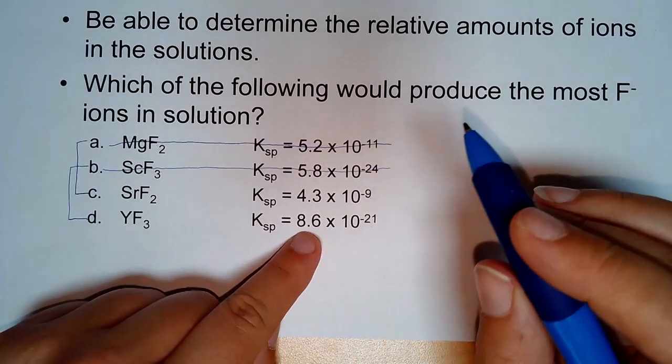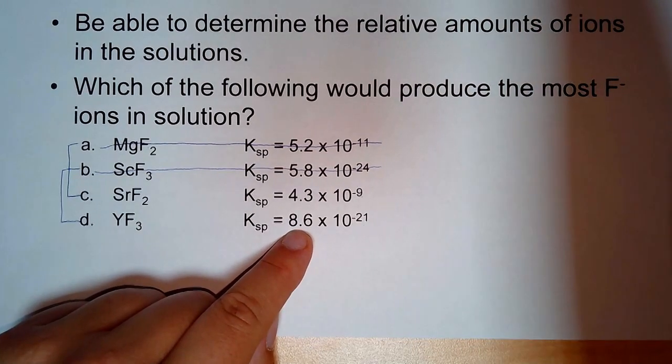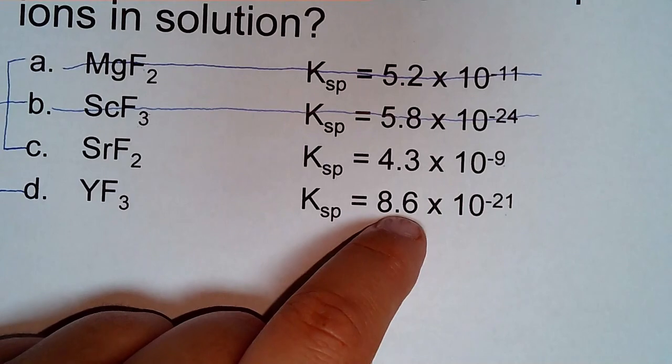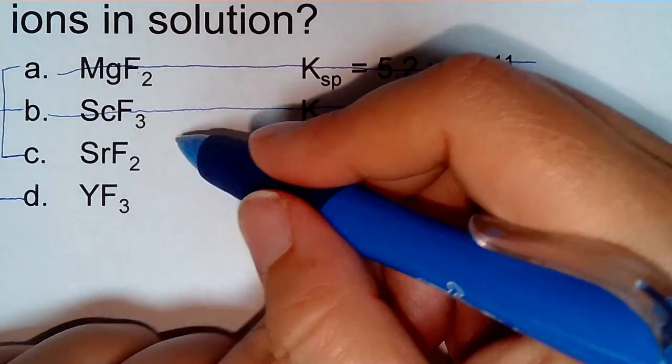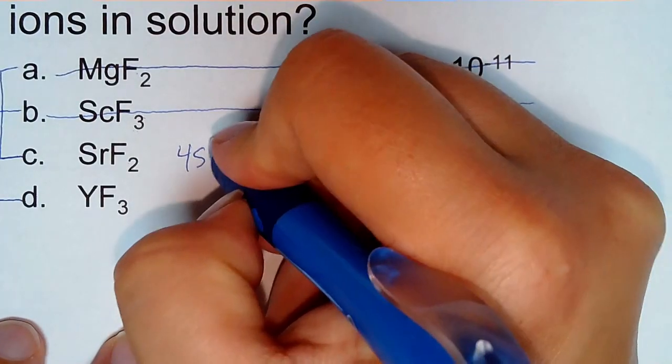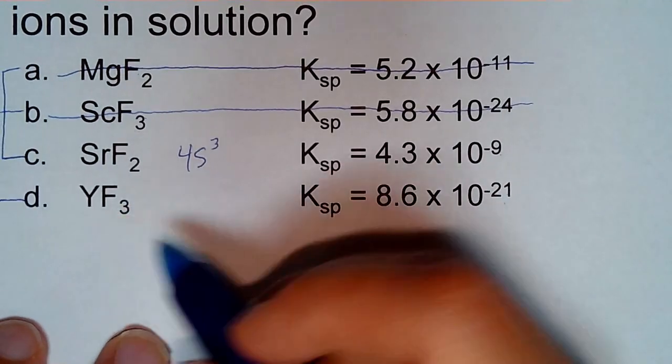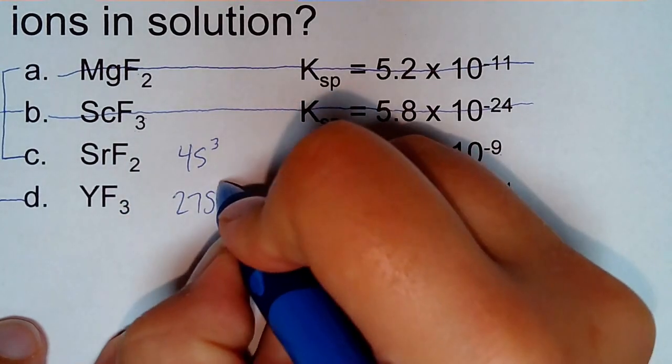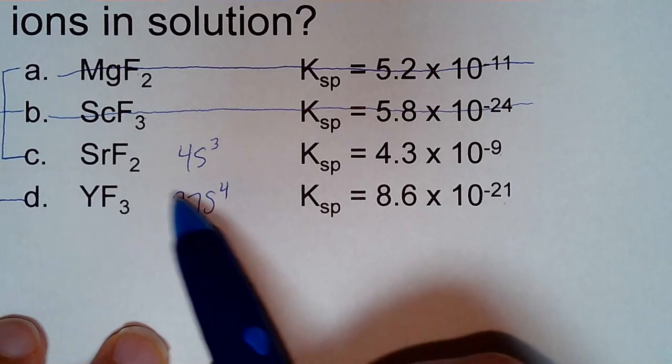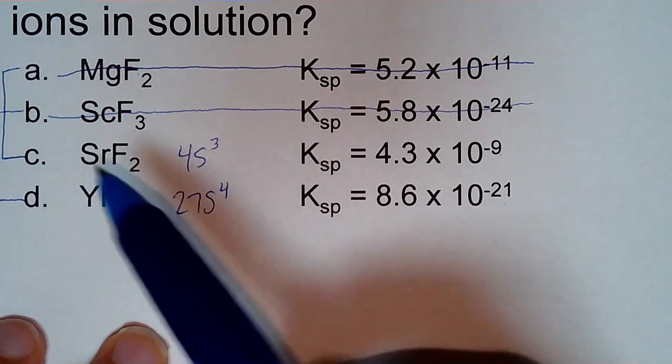So this is going to be a 4s cubed. This one is going to be a 27s to the 4th. And if you're not clear on how to get that yet, write out the equation, do your ICE table, look at the coefficients. Alright, that'll help you.